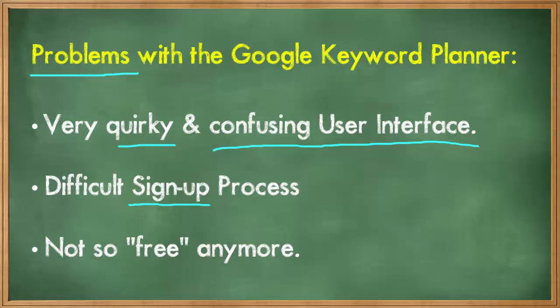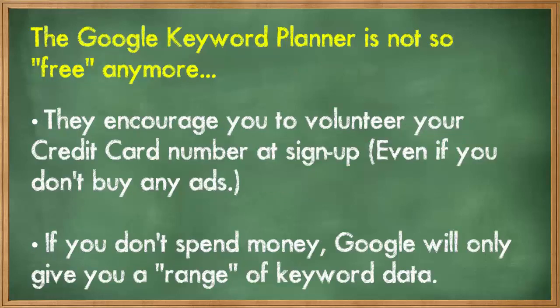Another problem, a more recent problem that occurred last year in 2016, is Google began to limit the data that they provide in the free version of the tool. So the Google Keyword Planner is not so free anymore, and we'll talk about that in a minute. So why is the Google Keyword Planner not so free anymore?